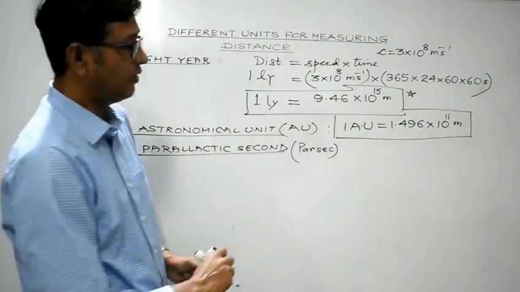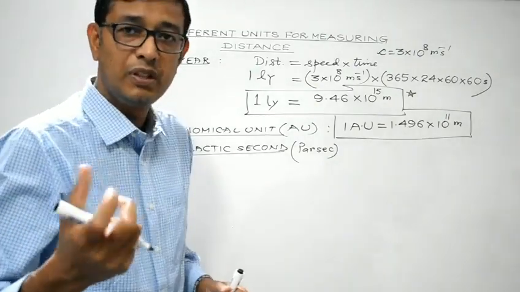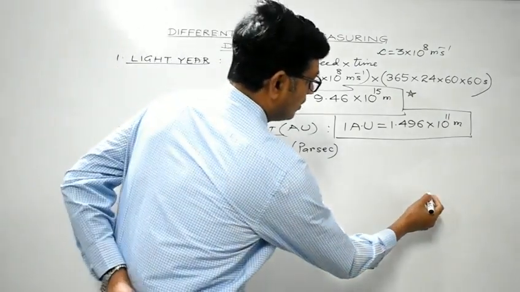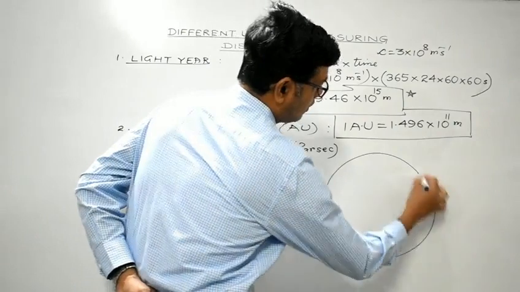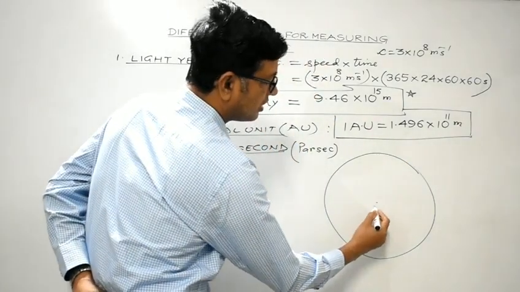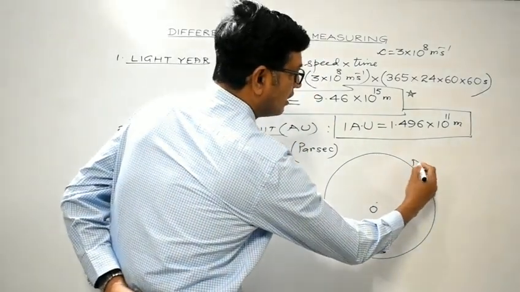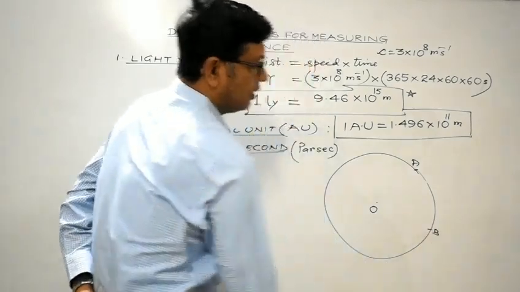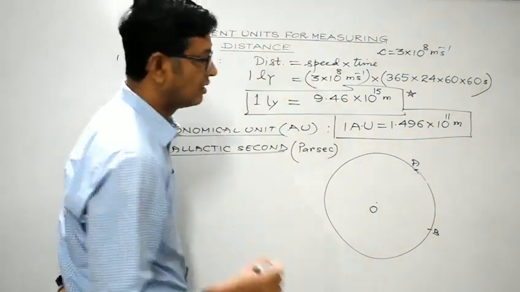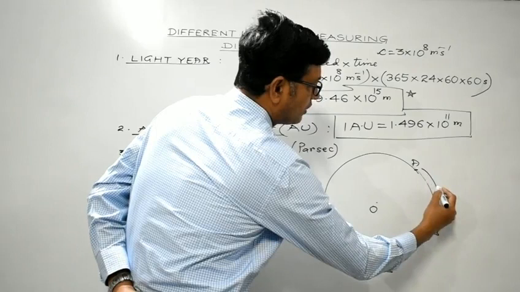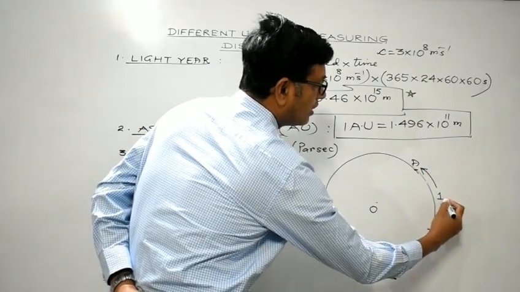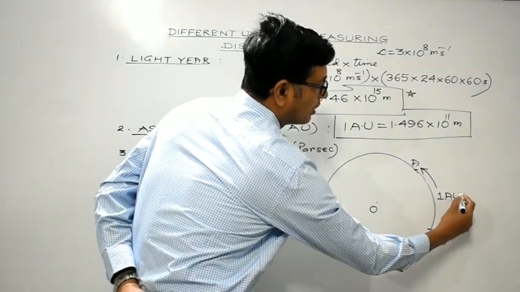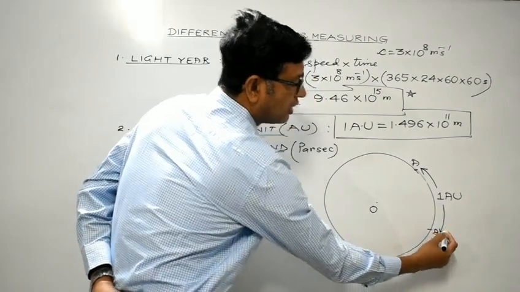Now, in order to define this, let me give you a simple illustration. This is, suppose, a circle. This is the center, and let us consider an arc AB. Let us consider the length of this arc AB is 1 astronomical unit. Just now we have discussed astronomical unit.